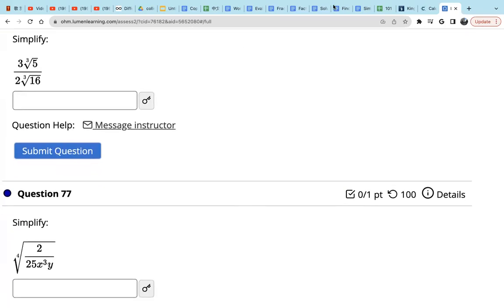Number 76. We want to simplify this. So 16 can be written as 2 raised to the 4. Right? 2 to the 4 being cubed, index is 3. That's a 2 cubic root of 2.